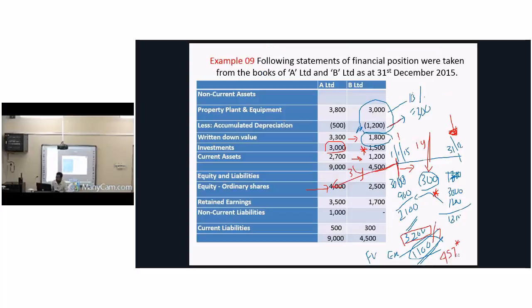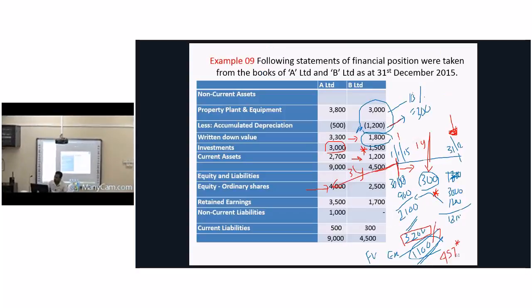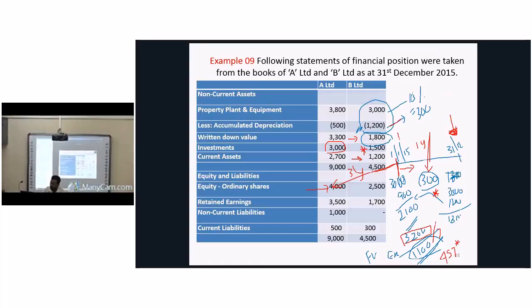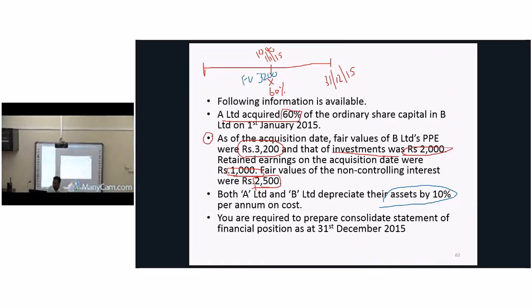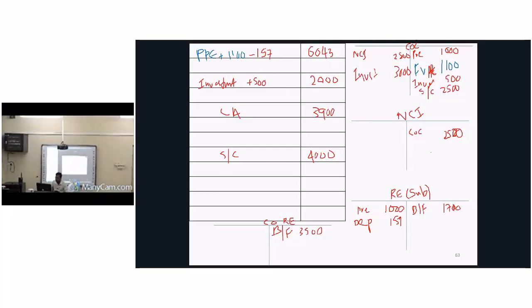And non-current liabilities, no change, and current liabilities also there is no adjustment, therefore 1800. Here non-current liability 1000 and current liability 800.